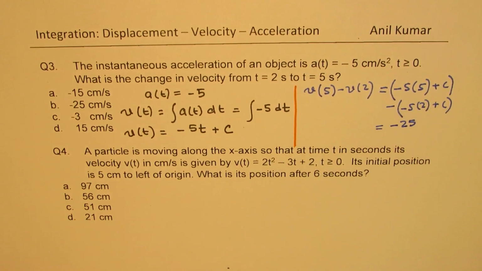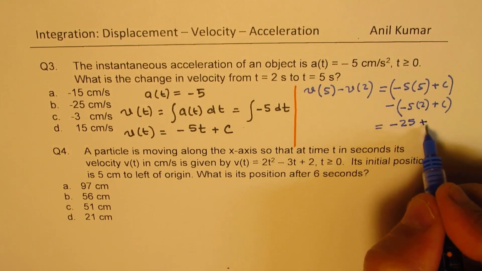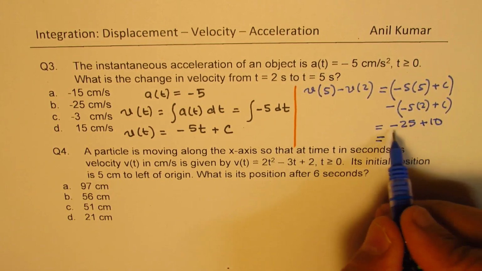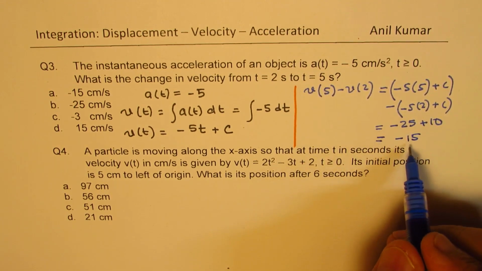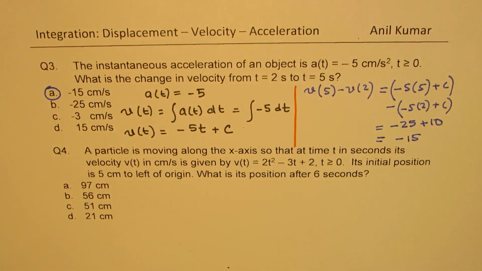C and C cancel, and this minus and minus becomes plus 10. So the change is minus 15, right? So that is the change. So option A is the right option, correct? So that is how we are going to find the answer.